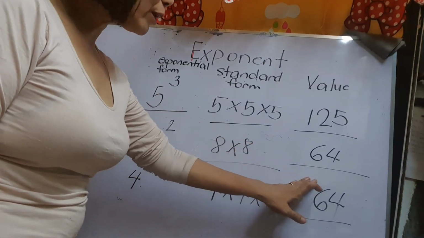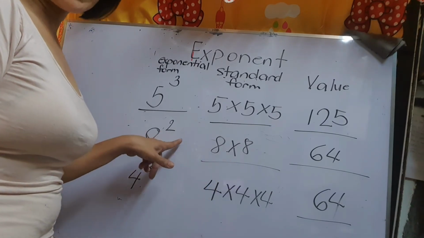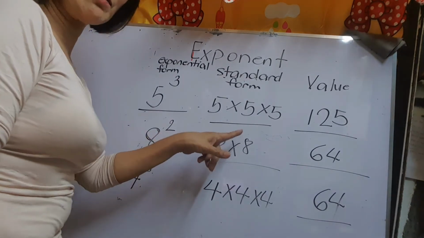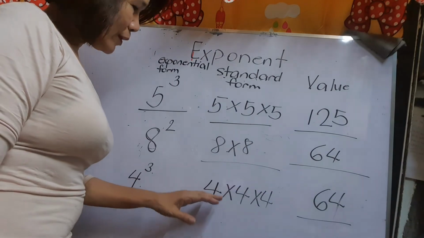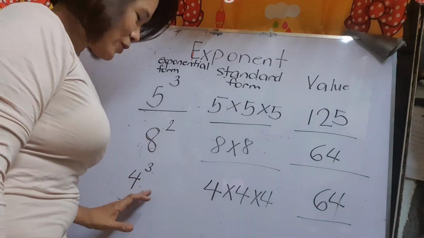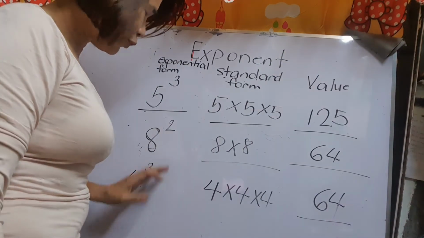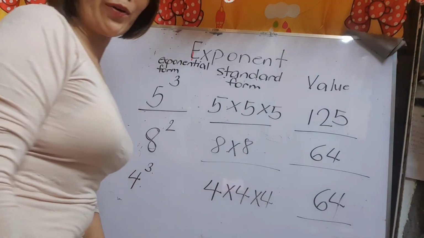In 64, we divided with 8. So, ang lumabas niya is 8 to the second power or 8 squared, which is 8 times 8, that is 64. And then, with 4, dinivide natin by 4. So, that is 4 to the third power, which is 4 times 4 times 4.